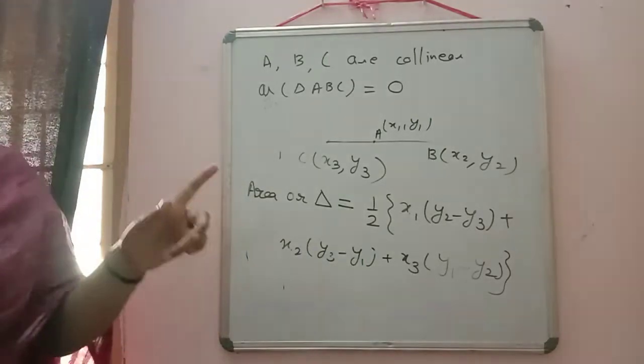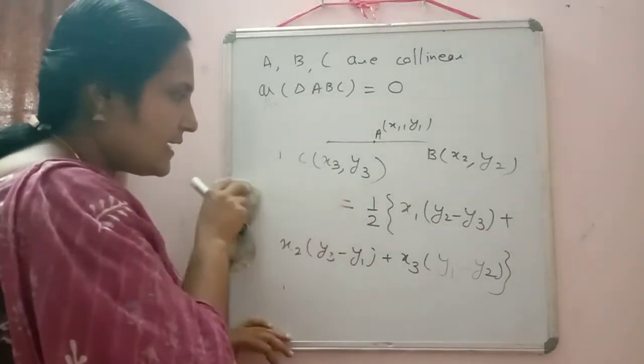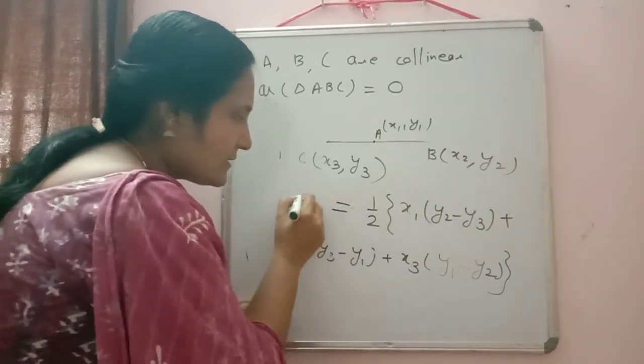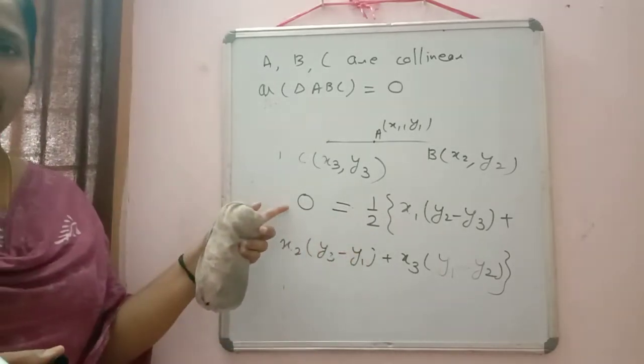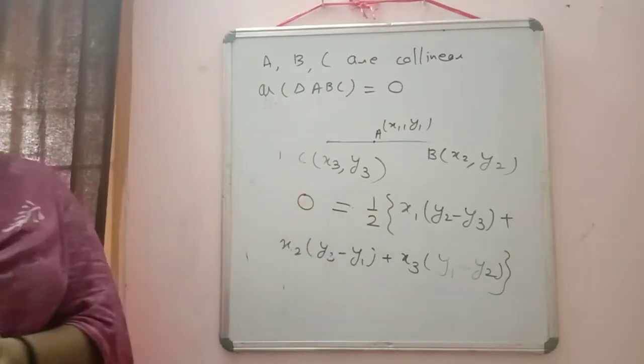And just now we wrote the formula for the area of a triangle. This area will be equal to 0. If this area is equal to 0, I can shift this 2 also to the left hand side. Then 0 into 2 will be equal to 0.